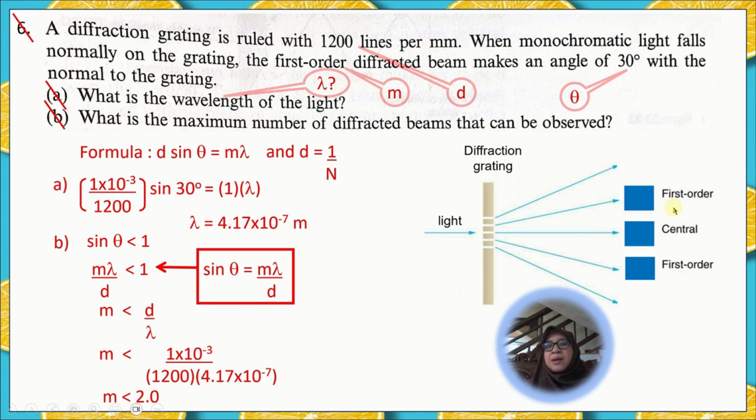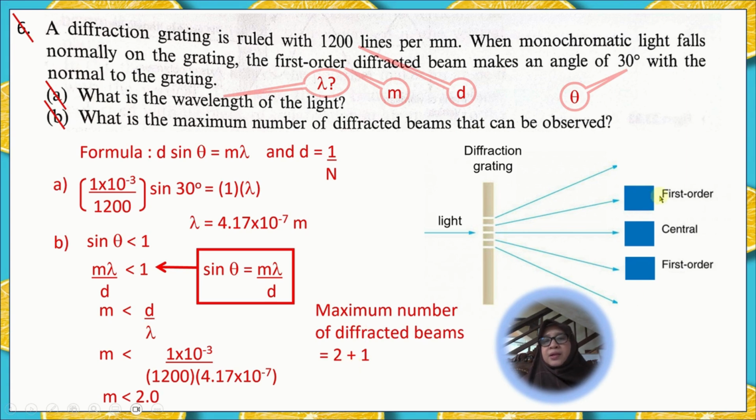So the number of diffracted beams will be 1, 2 and 3. Don't forget to add the negative order. So 2 plus 1: the positive order and the negative order, positive 1 and negative 1, plus the central bright maximum. So 2 plus 1, we get a maximum of 3 diffracted beams.